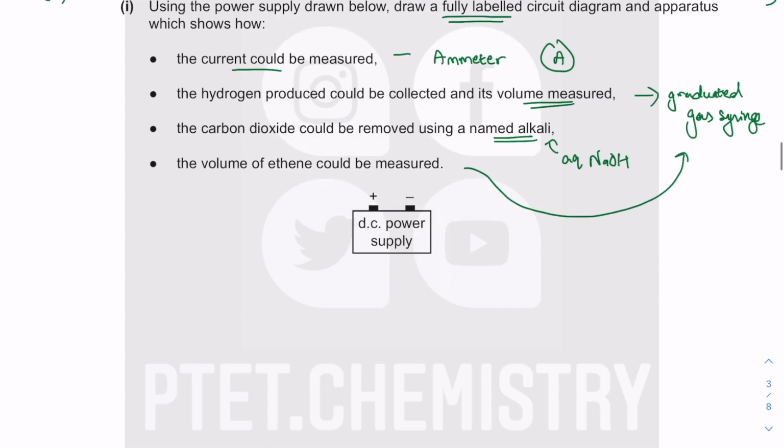One way I could be thinking about is that the ammeter could be on the left or on the right, it does not matter, as long as you connect something to the ammeter. And then I want to do electrolysis, right? So I can have an electrode there, and then I can have something like this.